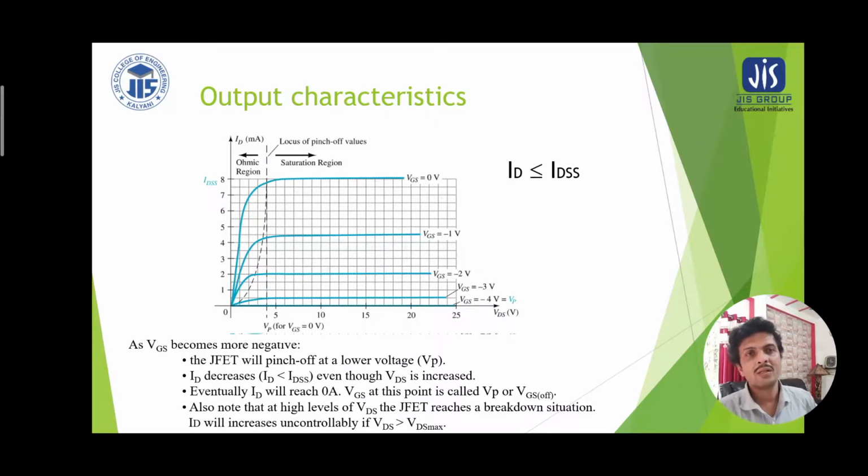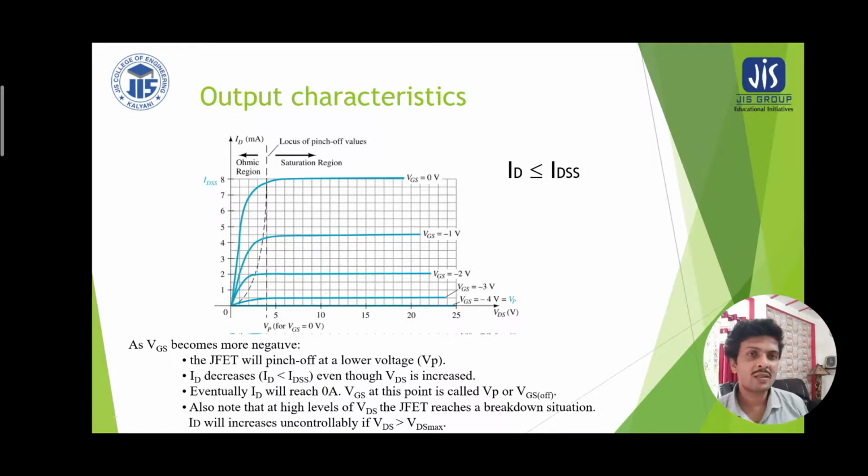Later on, when the gate to source voltage is minus 1 volt, the saturation current has been reduced. This is the way by which the saturation level can be reduced, because the width of the channel has been reduced due to the increased depletion region at the gate to source junction.